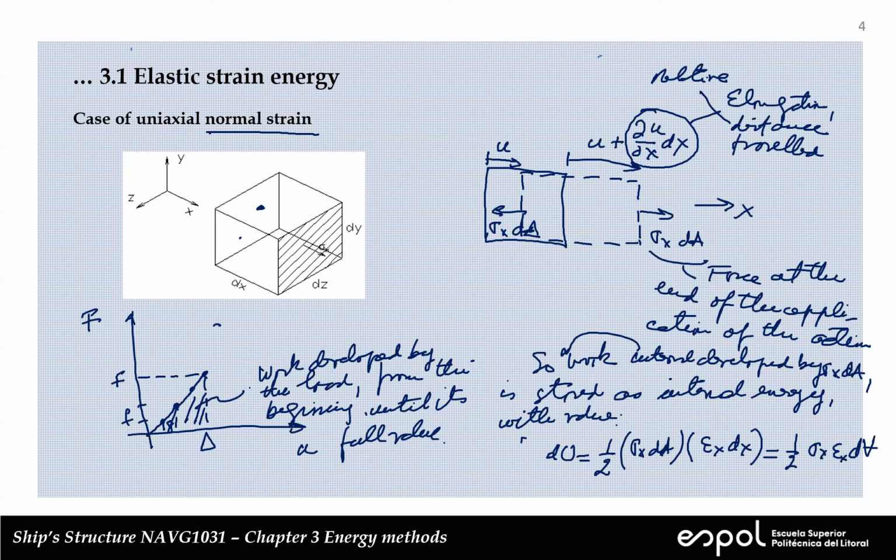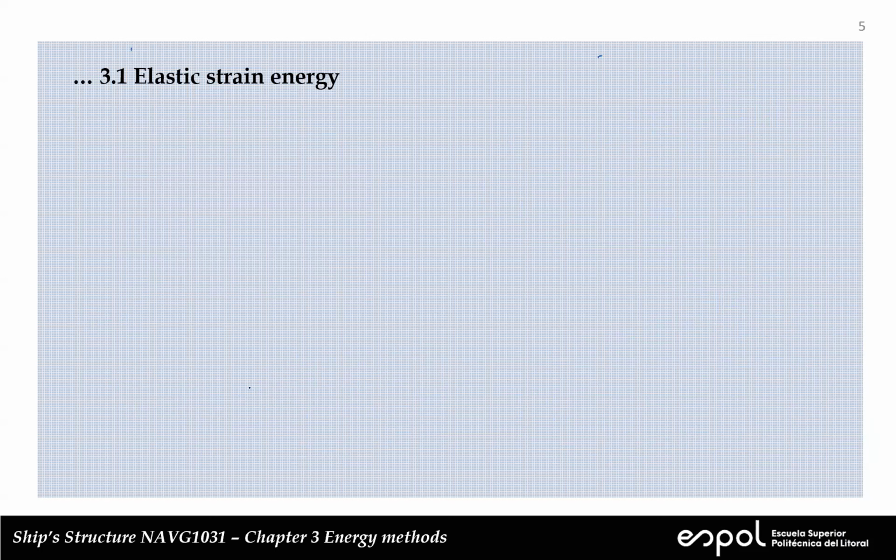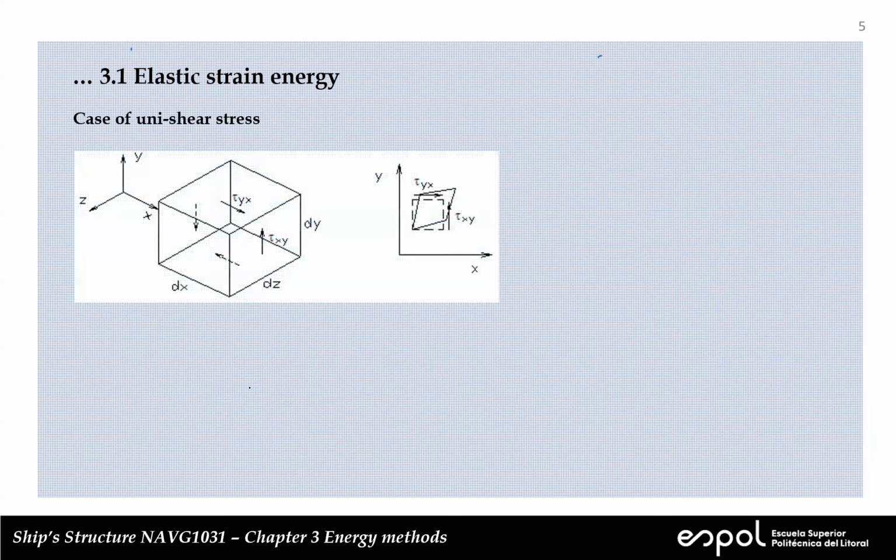Let's deduce something similar, but for the case of the shear. Let's use now the shear case, and then what we are going to do is simply put the two things together. So this is the case: a similar situation, but in this case, we have only one element of the stress, and that's the shear in the XY plane.